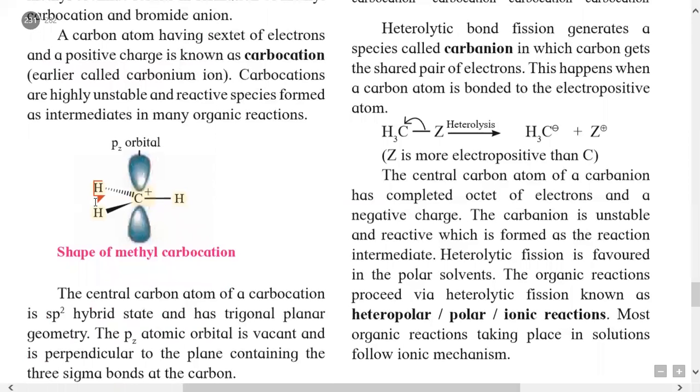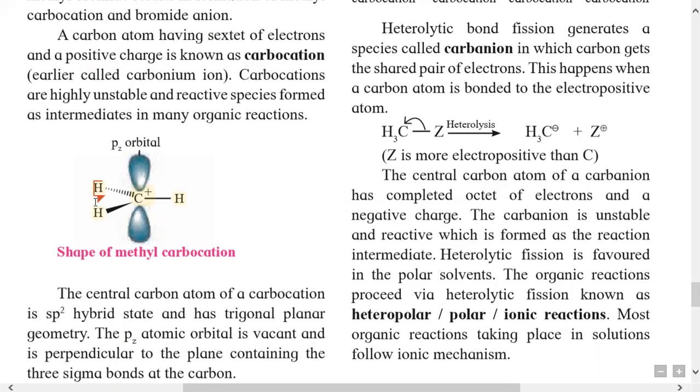Here, similar to the structure of methyl free radical, this is the structure of methyl carbocation or methyl carbonium ion. Here the central carbon is bonded with 3 hydrogen atoms. One hydrogen is with a normal bond, in the same plane of carbon.